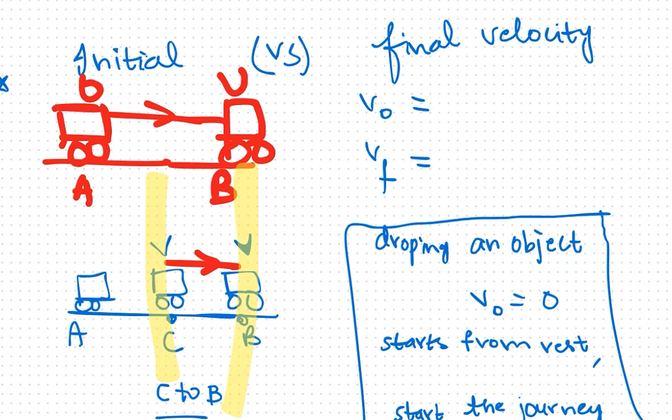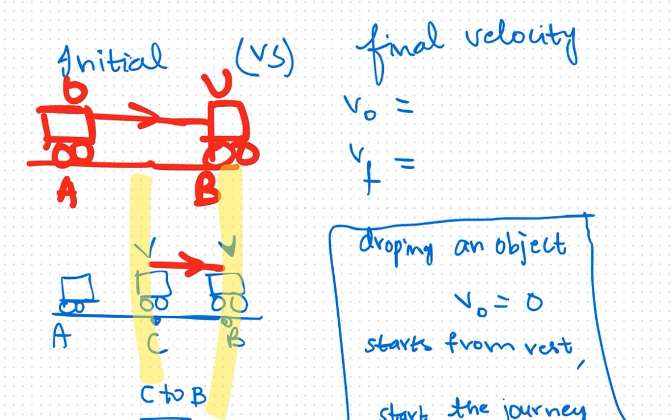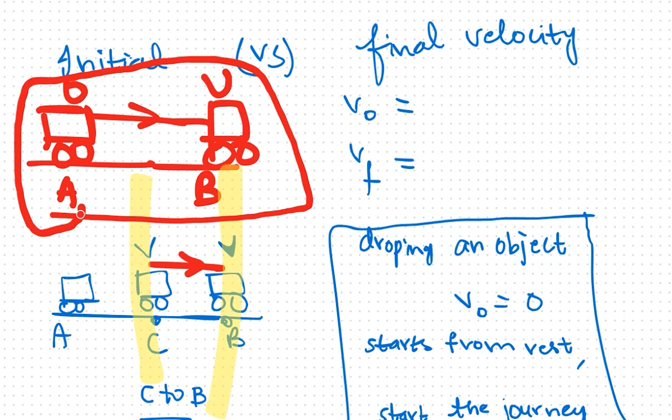As we said just now, it's whatever it is at point C. I'm talking about this scenario, this diagram. If the journey has started from A, then V naught would be zero. Final will be at what point? At B, point B.